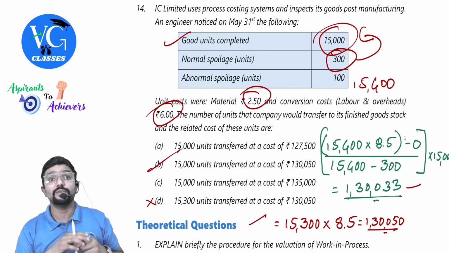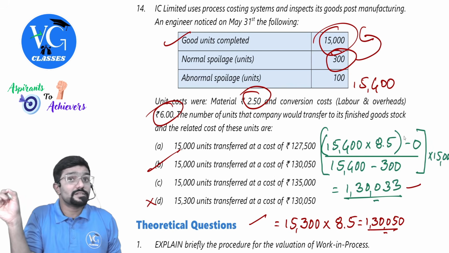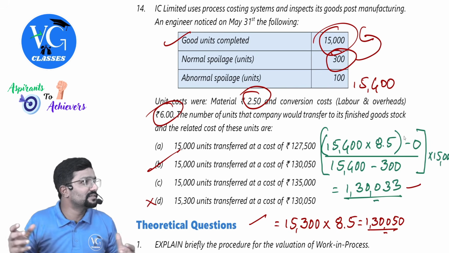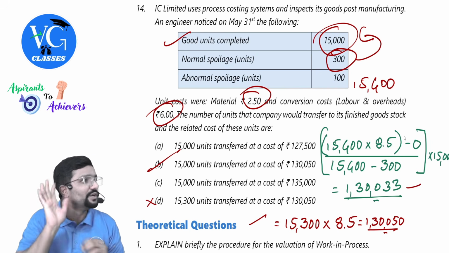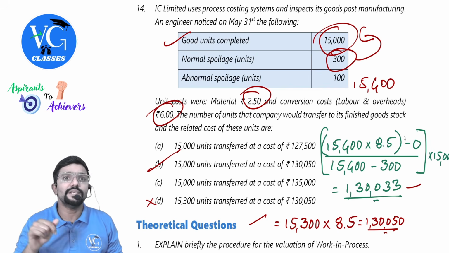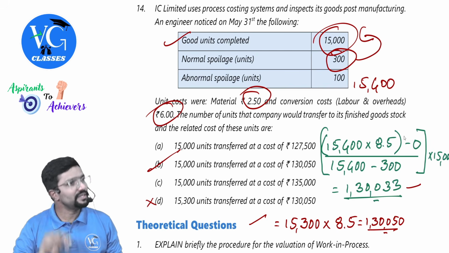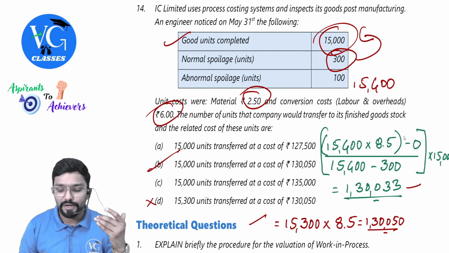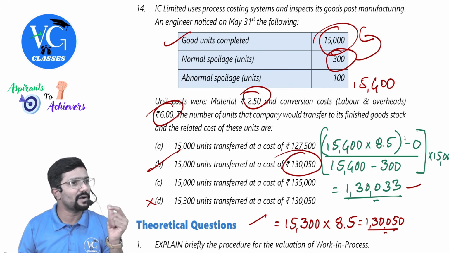Whatever normal loss cost is there will be absorbed by good units. Here they have kept it only for good units. Sir, will abnormal loss also absorb the normal loss? Yes, actually, yes. Clear.